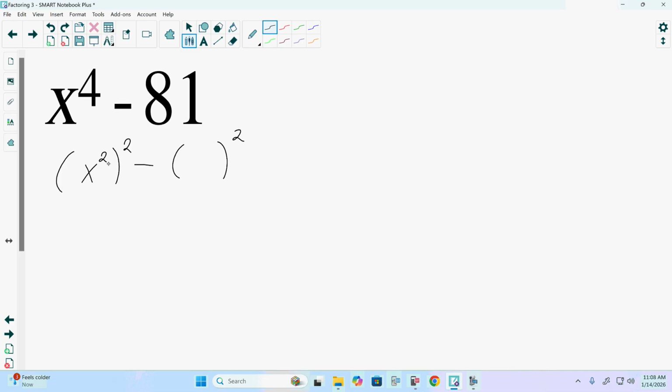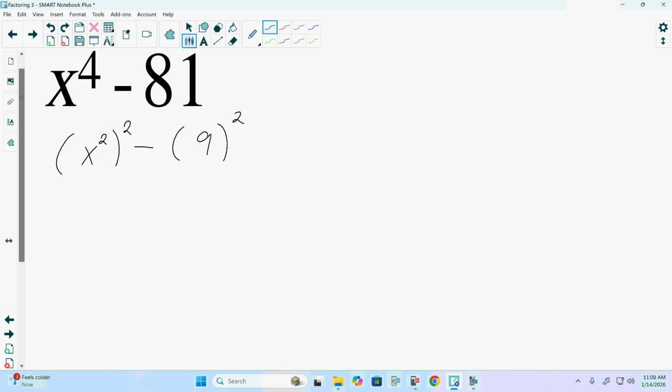What times itself is 81? 9. So that tells me this will factor to x squared plus 9 times x squared minus 9, yes? Now, any questions on this here before we move on? So we feel good about getting to this point, yes?